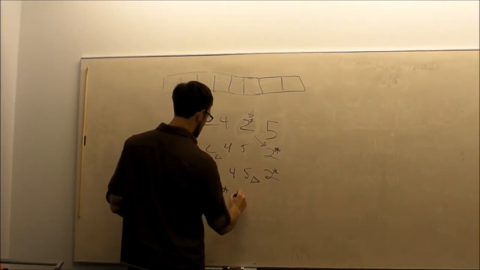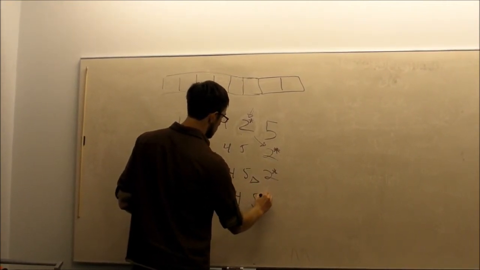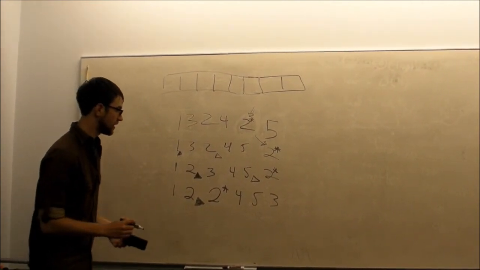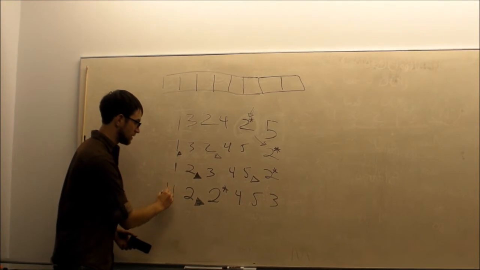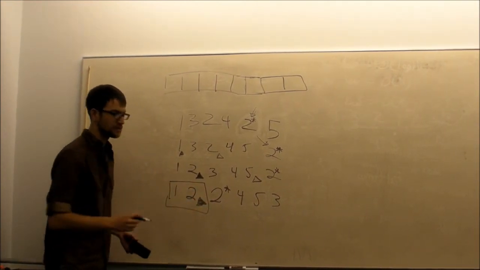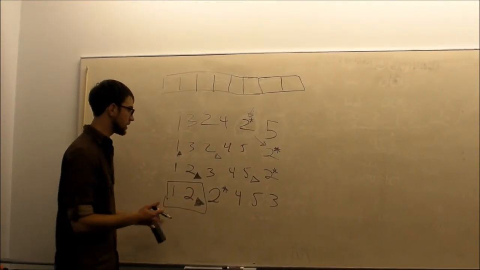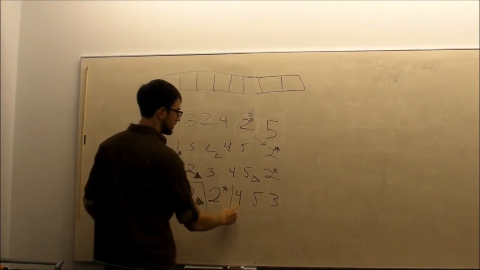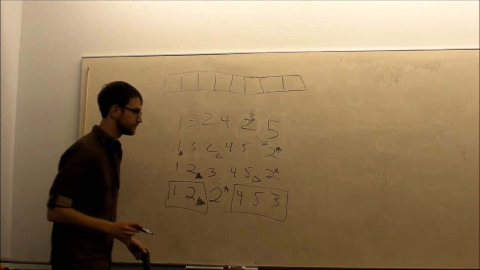Our special 2, and then 4, 5, 3. And then we're going to call this algorithm again recursively, or you can set up a stack to do this or some other way of doing it, where we're going to work on the left half and then work on the right half.